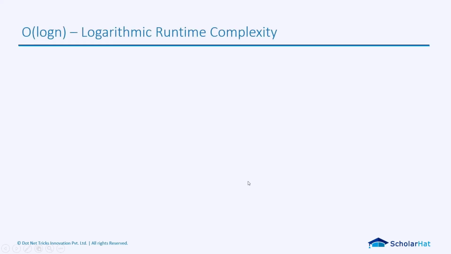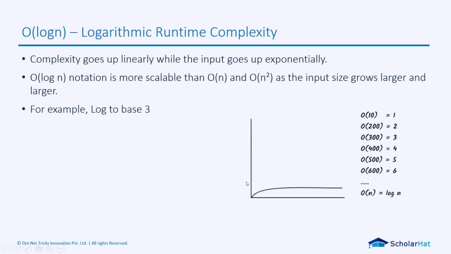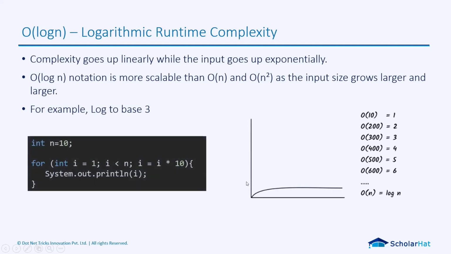Next up is O(log n), that is logarithmic runtime complexity. Complexity goes up linearly when the input goes up exponentially. You can see here, from here to here, it looks exponential, and after that it becomes more linear. O(log n) notation is more scalable than O(n) and O(n^2) as the input size grows larger and larger.